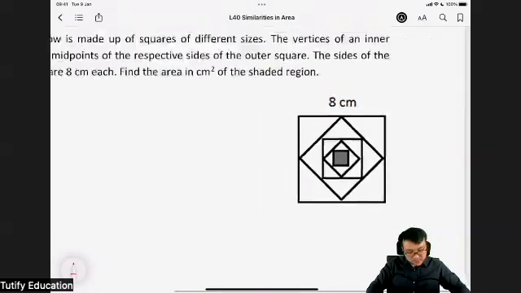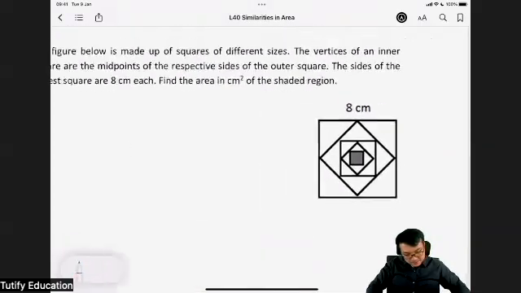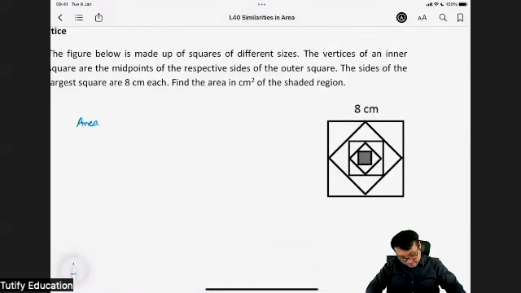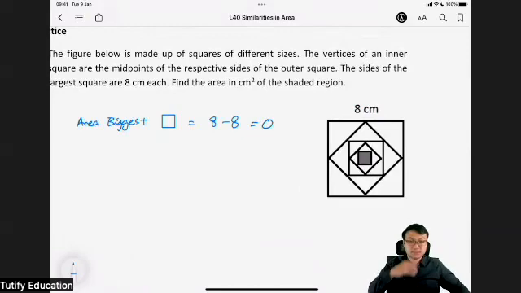Okay, so using this concept, we can look at the question. Can you first tell me what is the area of the biggest square? 8 times 8.